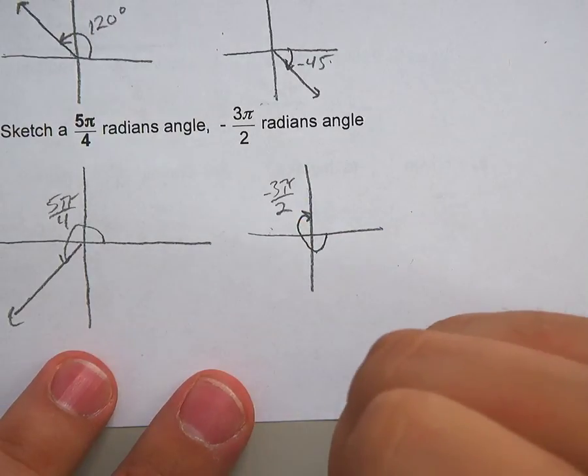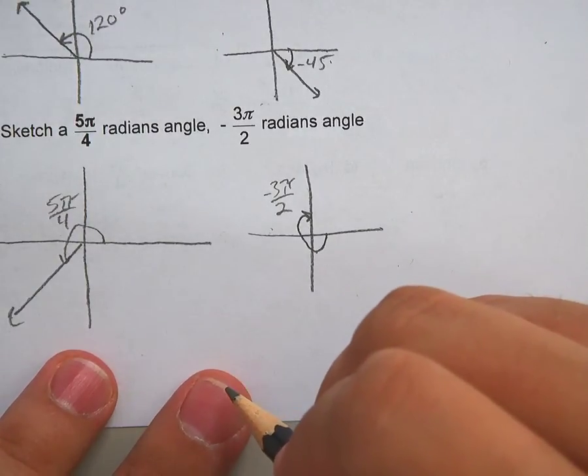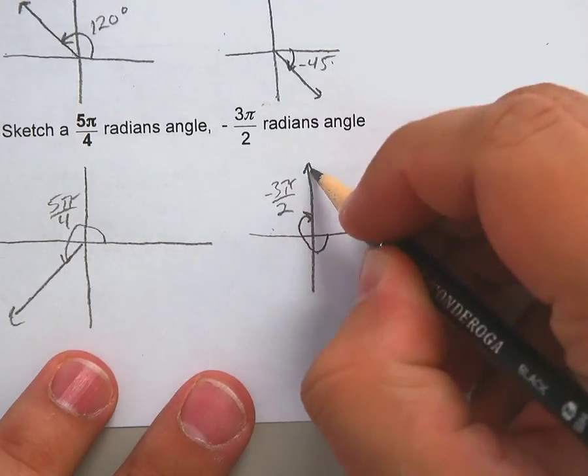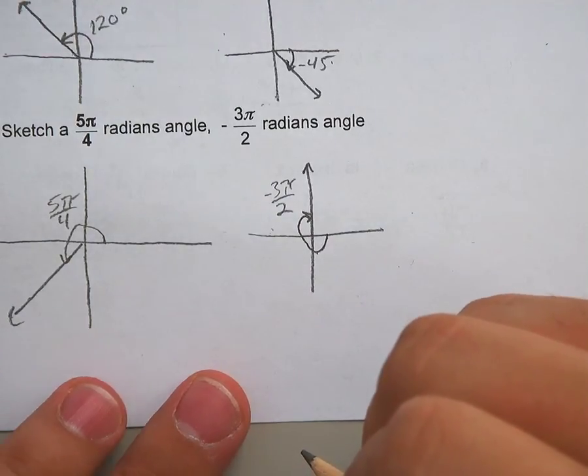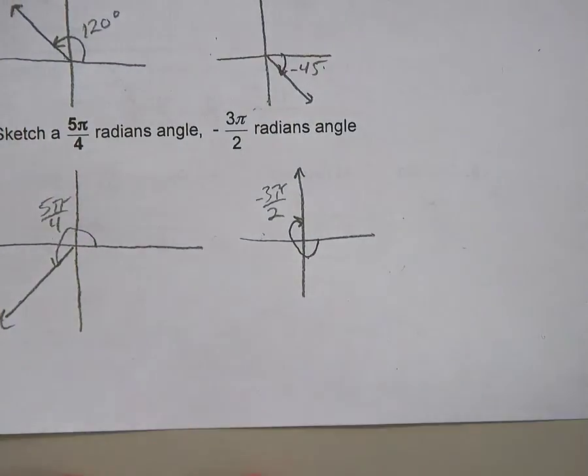And that's a quadrantal angle, right? It lands on one of your axes. That's a quadrantal angle. So there's your angle. And it'll go up forever like that. So hopefully this is making a little bit of sense here.